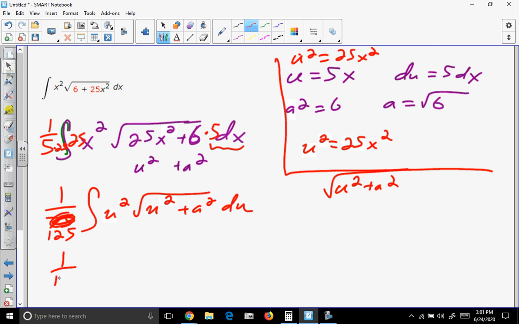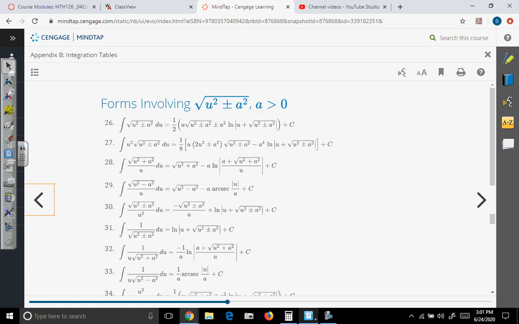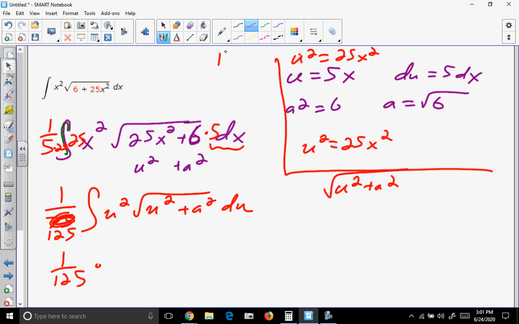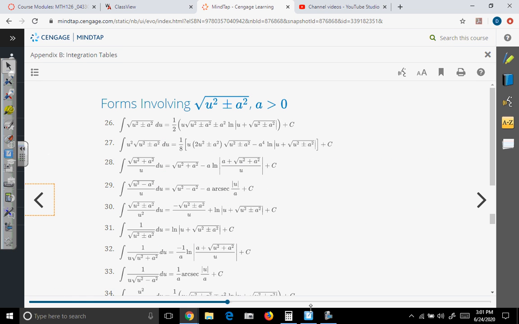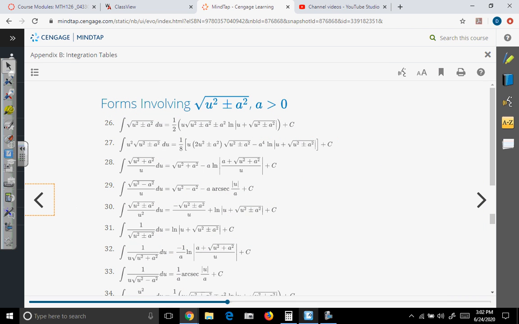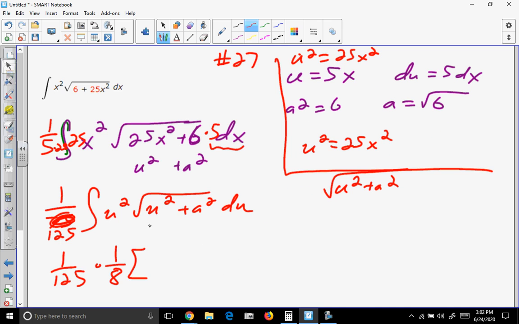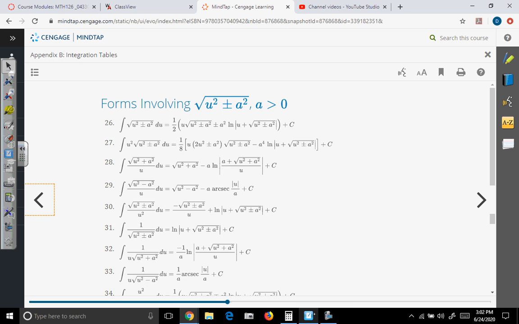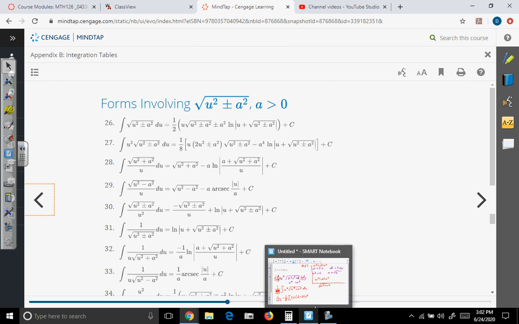So we have 1 over 125, and the table tells us this is number 27 in the table. The table tells us that integrates into 1 over 8 times u times 2 times u squared plus or minus.